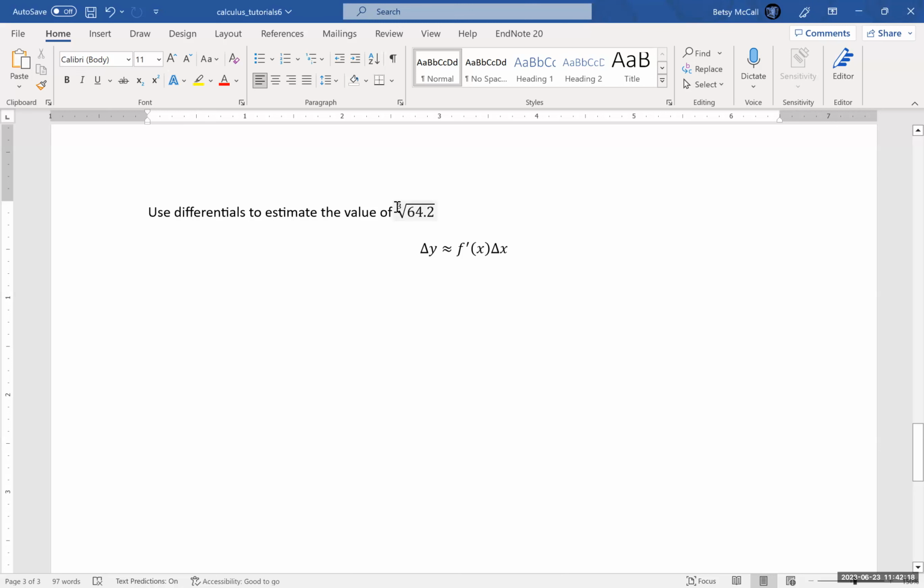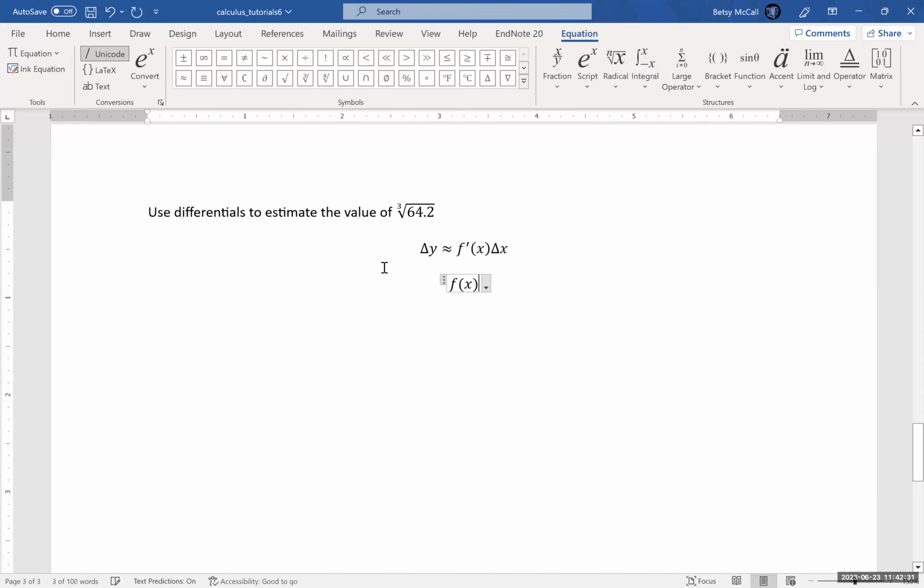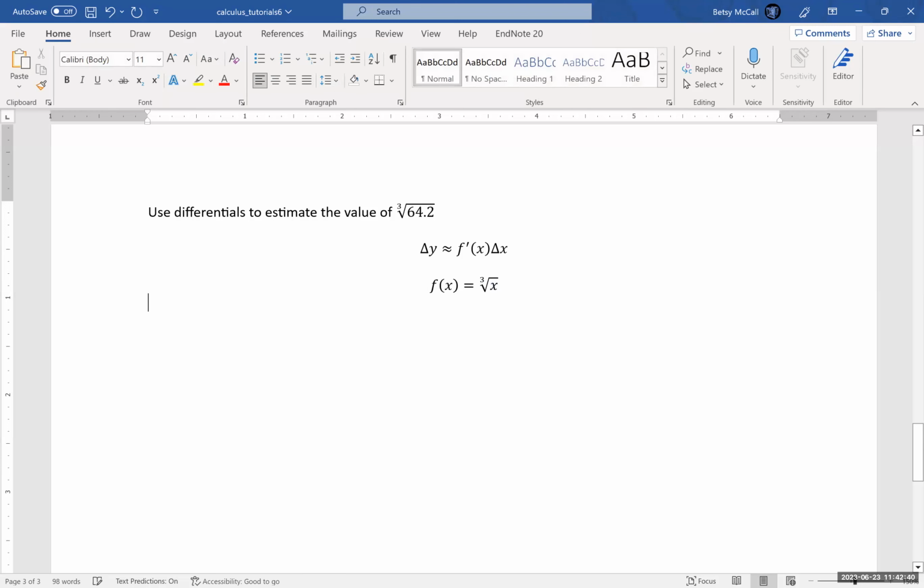So the first thing to keep in mind is the kind of thing that we're estimating. In this case, we're being asked to estimate the value of a cube root. And that means that our function is going to be the cube root of x. So maybe we want to evaluate several cube roots, but we're going to evaluate a cube root.